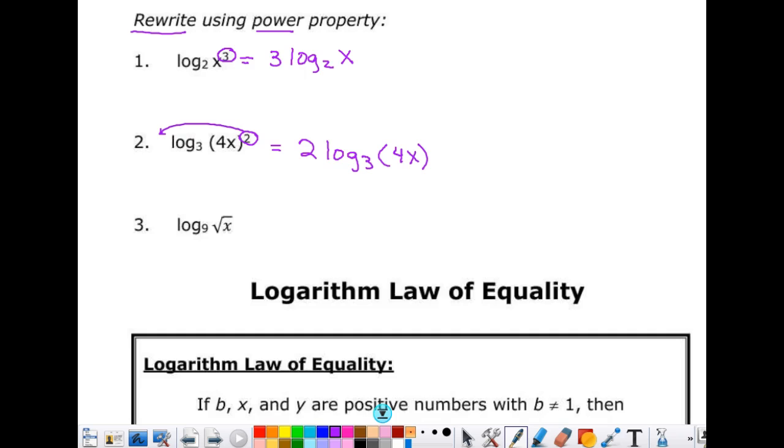And then the third example they give us, I don't really see a power here, but there is a power. Does anybody remember what the power is? Well, no, there's a 9. That's the base. What y'all were thinking of was yesterday, which is good. Y'all are remembering that. If there's not a base, it's a 10. But this power, how do you change square roots to powers?